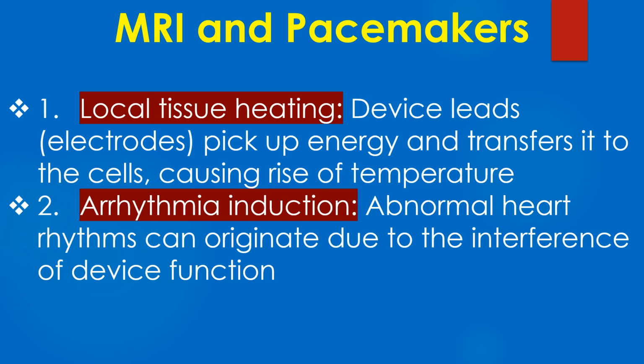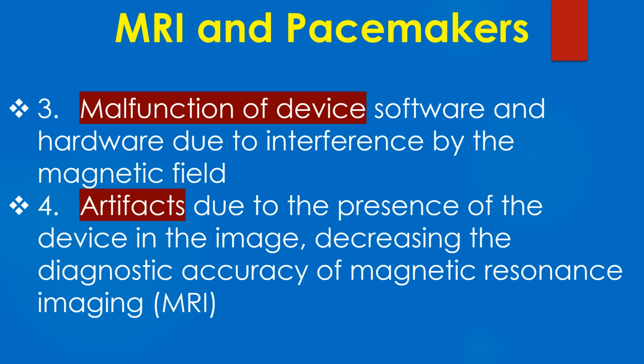Arrhythmia induction. Abnormal heart rhythms can originate due to the interference of device function. 3. Malfunction of device software and hardware due to interference by the magnetic field. 4. Artifacts due to the presence of the device in the image, decreasing the diagnostic accuracy of magnetic resonance imaging.